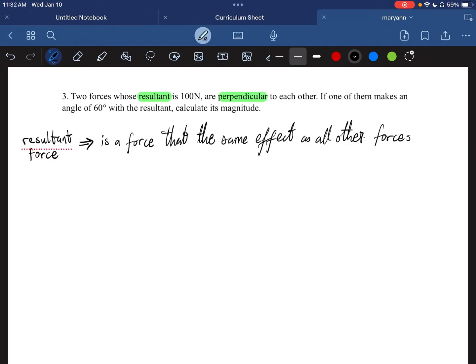So what I mean is, if you have a point here, say O, and then you have a force A acting on it, and another force B acting on it. The resultant force is a force that has the same effect as A and B combined together. We'll call it R.